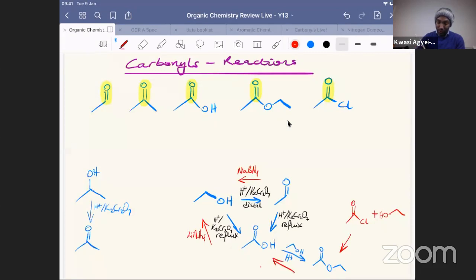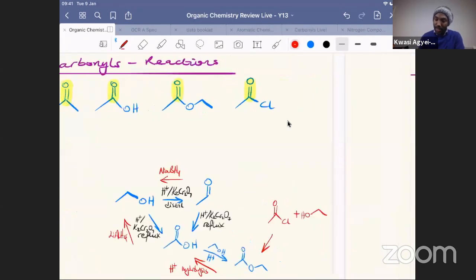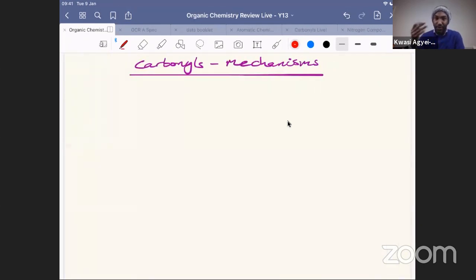So hydrolysis, H plus hydrolysis to go back to your carboxylic acid. So quite a few reactions that you should have at your fingertips as far as these carbonyl containing compounds are concerned.